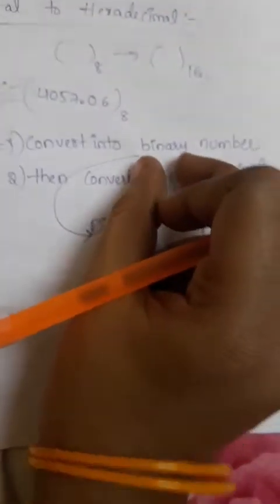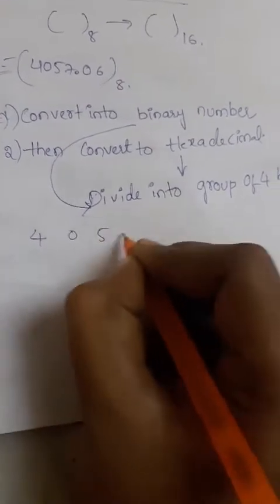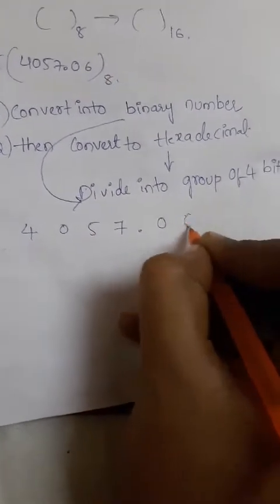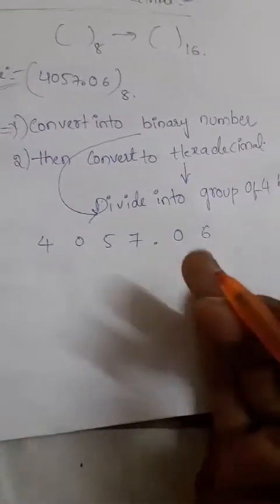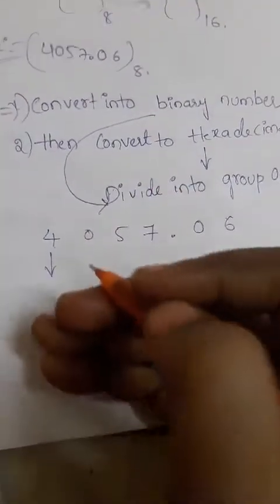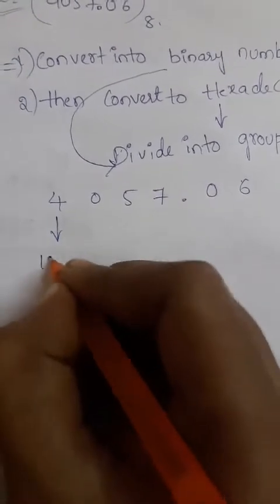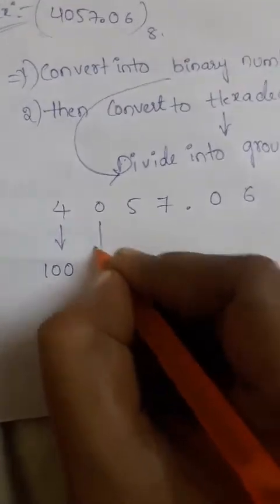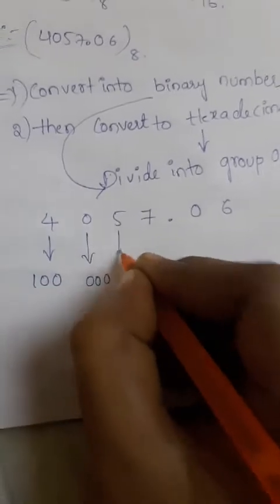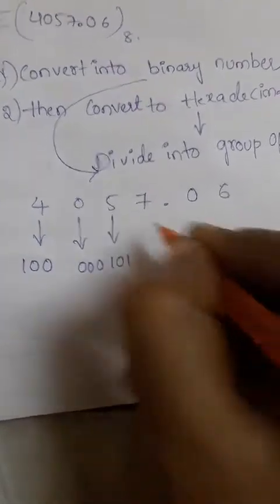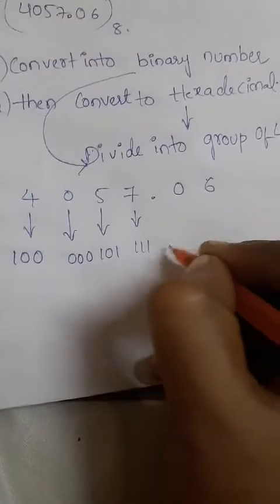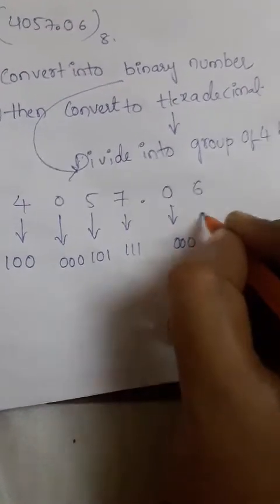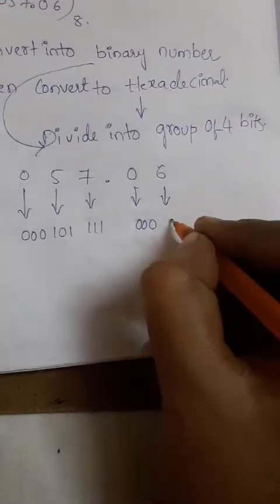To convert an octal number to binary, first we separate each digit: 4057.06. After that, we write the binary equivalent of each digit. The binary of 4 is 100, for 5 it is 101, for 7 it is 111, for 0 again 000, and for 6 we write 110.